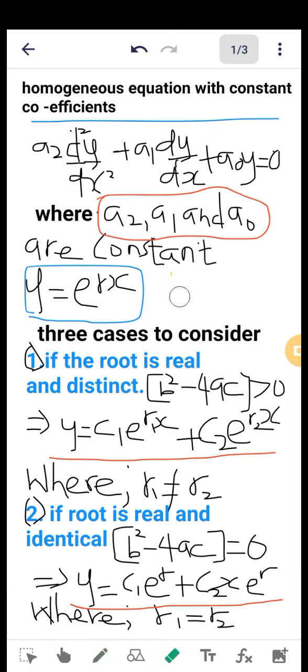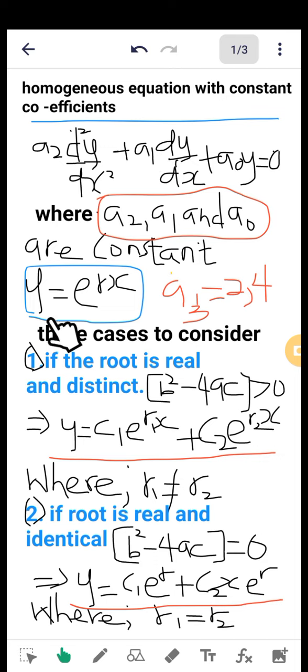So my A1 can be 2, it can be 4, it can be 3, and my A2 is the same thing. So I know that my constants A2, A1, A0 can be any integer. But remember, not a function, it's an integer.